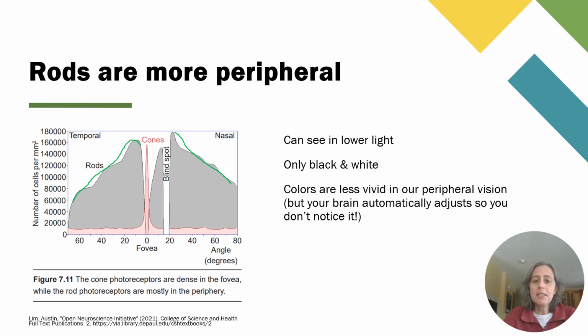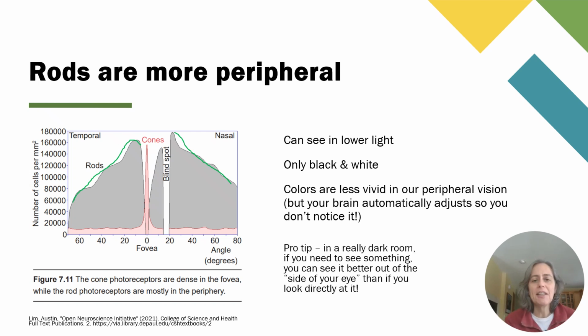They only see in black and white, but they're really good in low light conditions. And this is why not only are colors less vivid in low light conditions, but colors are also less vivid in your peripheral vision. But we don't tend to notice that because the brain just assumes and fills it in. So we don't usually notice that.